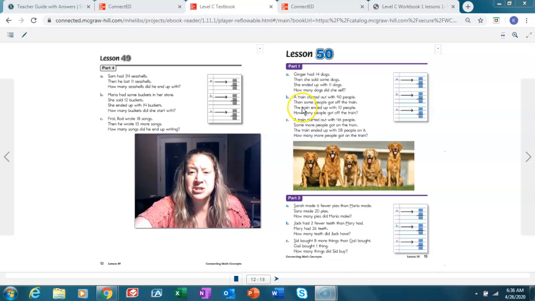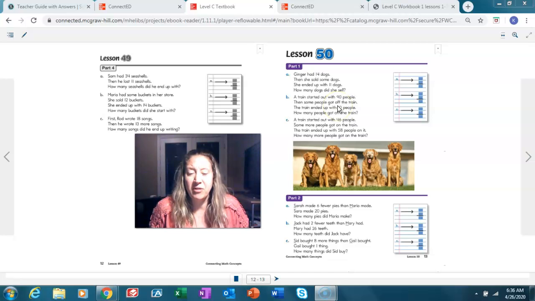This action sentence is what's different now than the problems that we've always worked in the past, because in the past, this action sentence always gave us that first small number, and now it doesn't. So now we're going to be solving for that first small number. But anyways, it tells us that people got off the train. So did the train end with more or less?